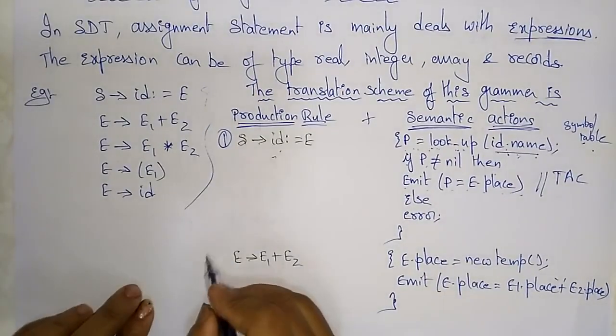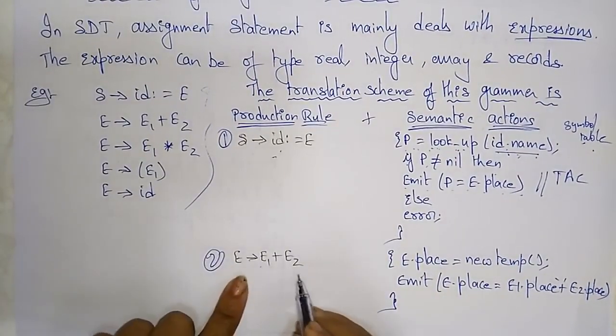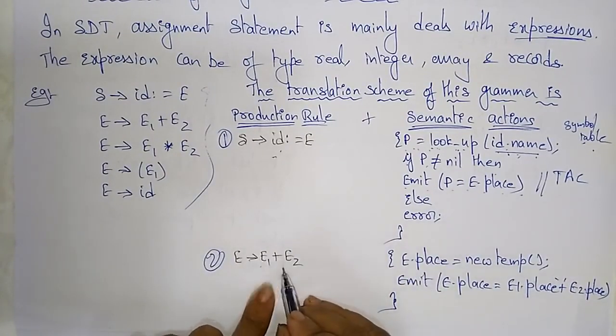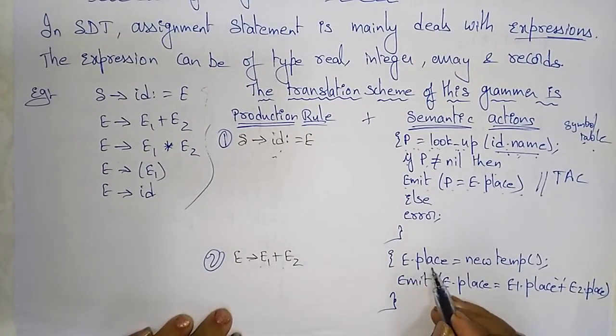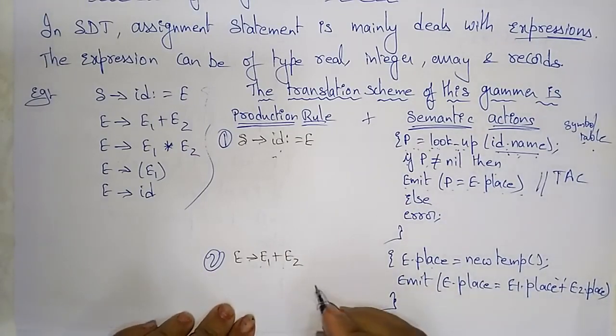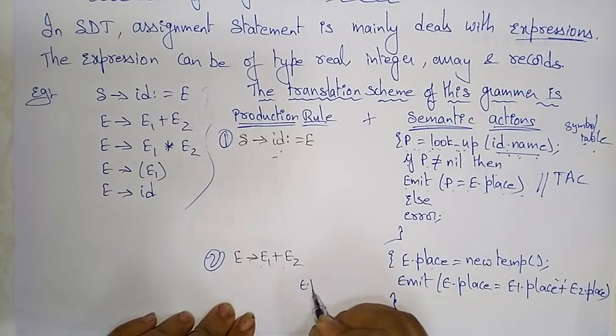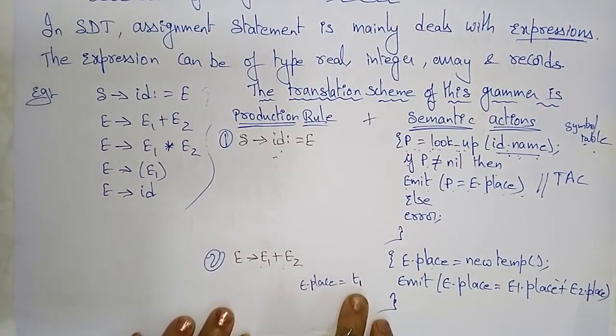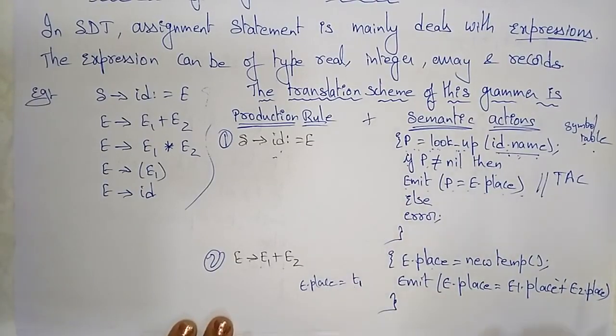Now let's come to the second production, E determines E1 plus E2. The action for this production is E dot place is equal to new temp. That means you have to assign a temporary variable to E dot place. Let us take T1. Now E dot place is holding the temporary variable.